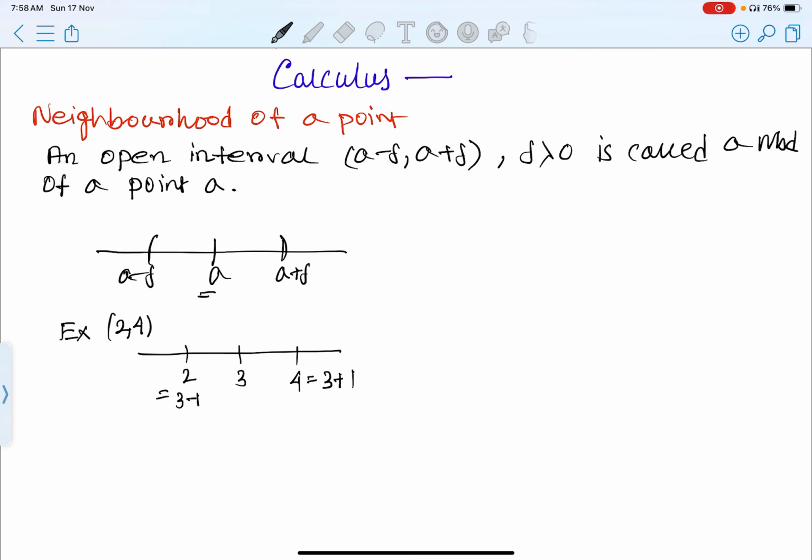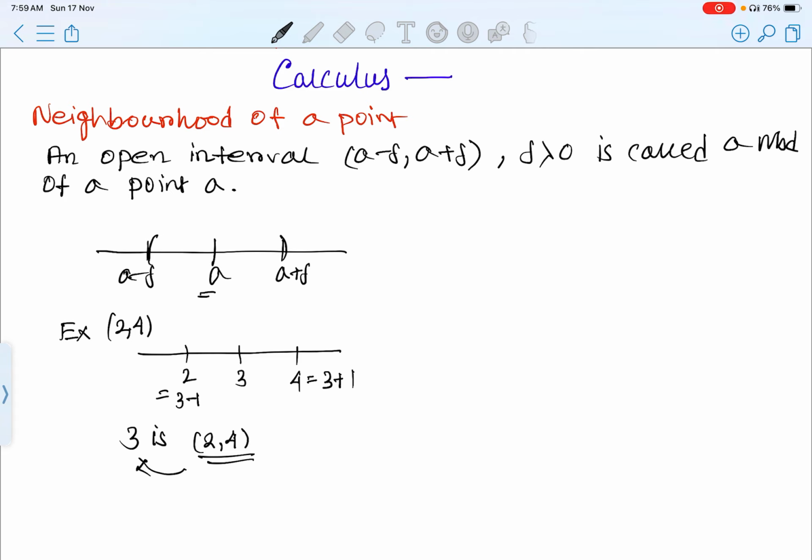This looks the same: a plus delta, 3 plus delta, 3 plus 1, 3 minus 1. Then I can say that 3 is in (2, 4). That means this interval is the neighborhood of 3. Clear? Maybe the definition is clear.